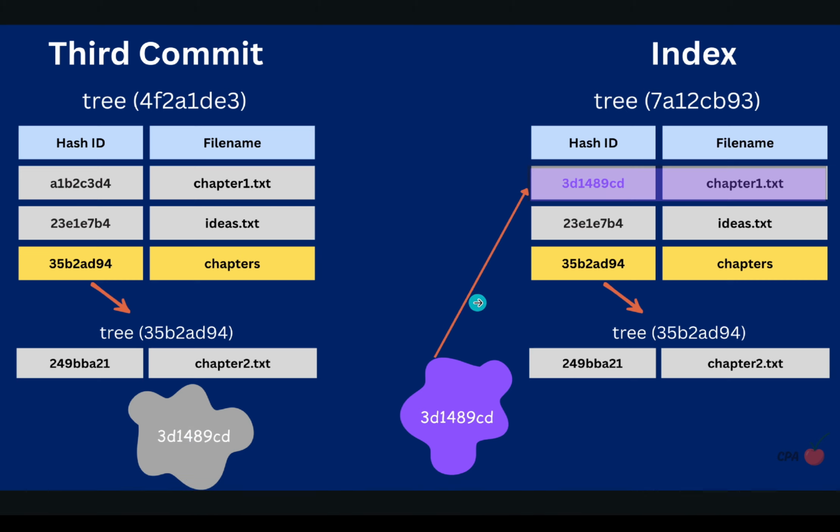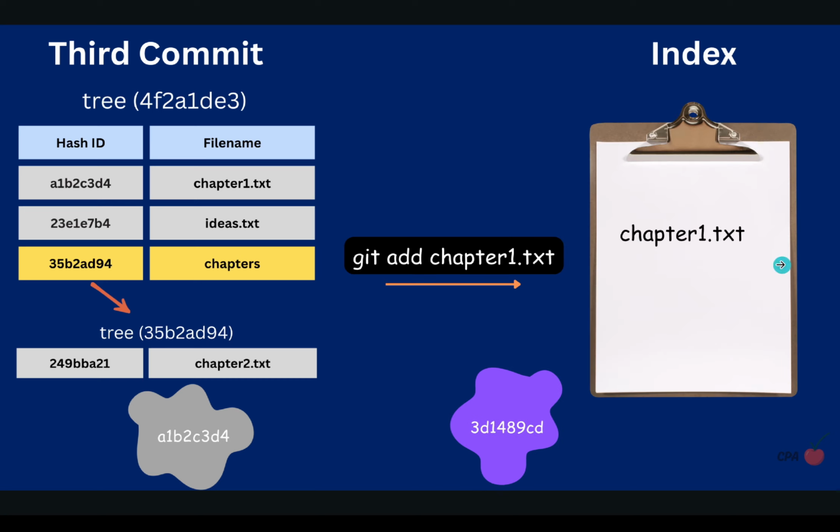So even though we only use git add chapter 1 to update the mapping for chapter 1 in our index or in our tree, for other files such as ideas or chapter 2, we don't need to add them because Git will already copy them from the previous commit. So Git will copy the whole tree from the previous commit and then will only update the files that we have added to our staging area.